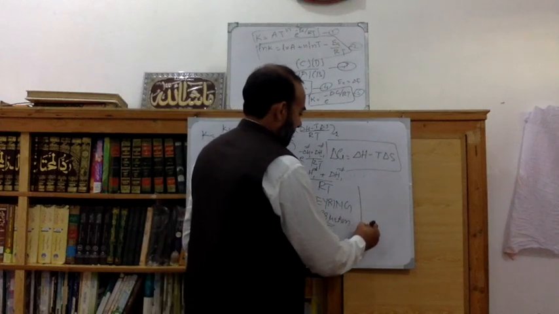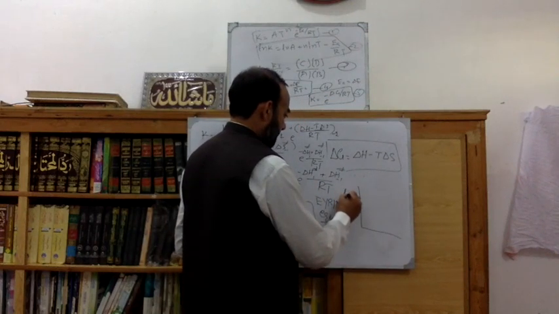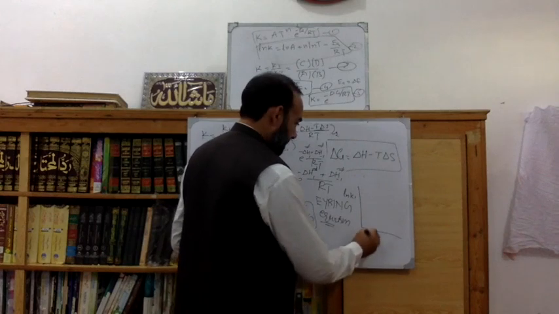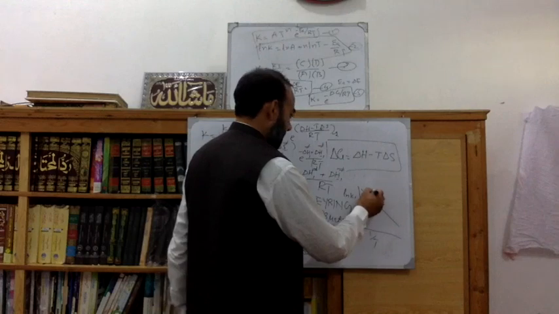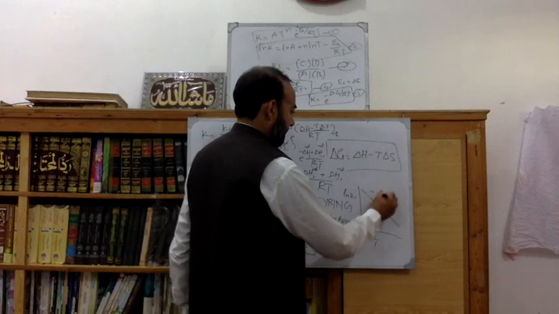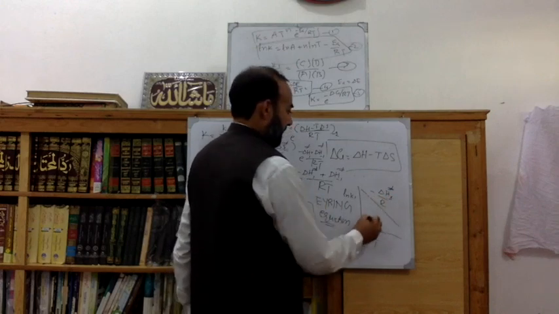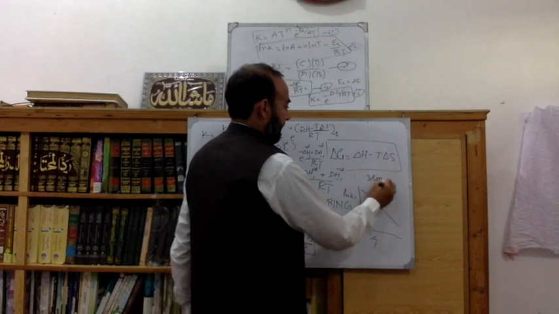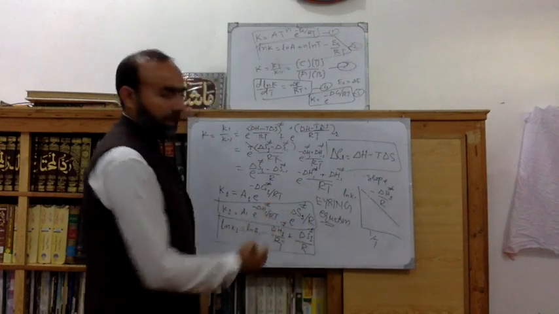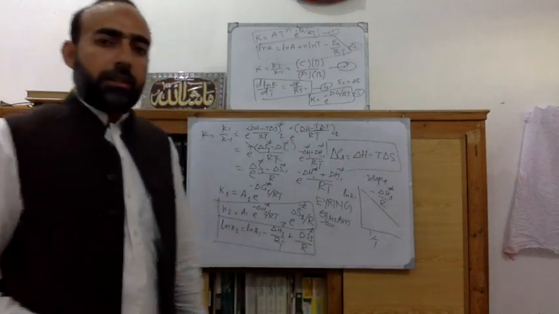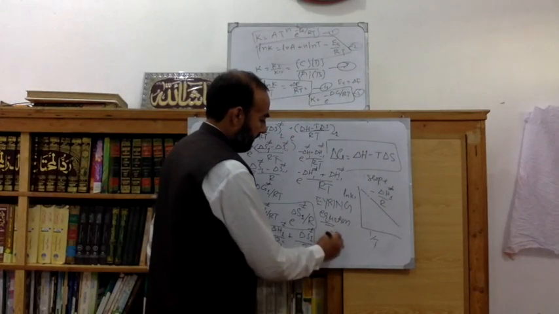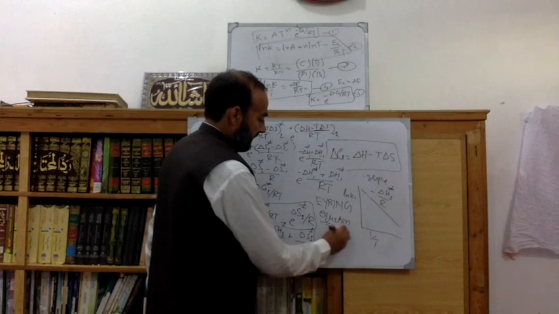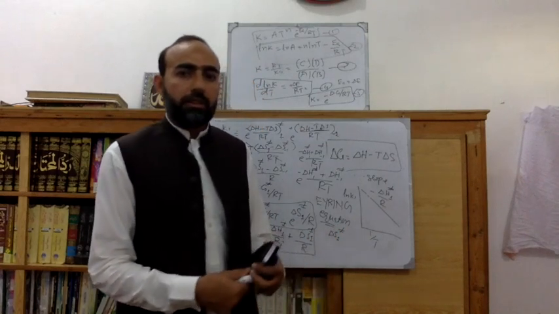If we plot log K1 versus 1 over T, we will get a straight line, and the slope will be equal to ΔH1 over R. ΔS1 is the entropy of the transition state, a very important entropy for the forward direction, called the transition entropy.